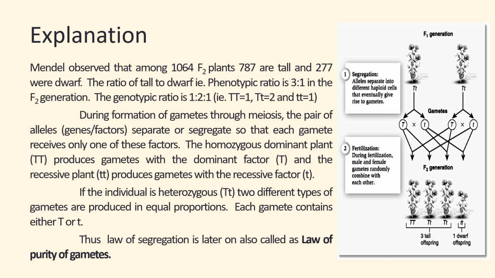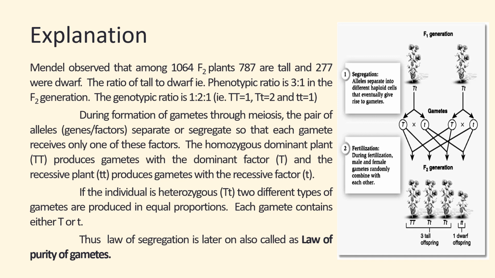If the individual is heterozygous capital T small t, two different types of gametes are produced in equal proportions. Each gamete contains either capital T or small t. Thus, law of segregation is later also called as law of purity of gametes.